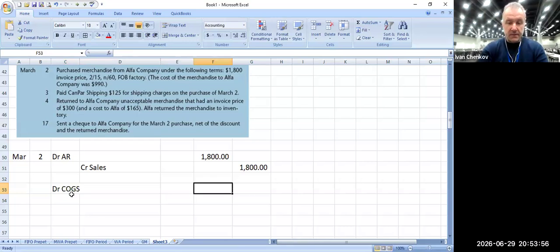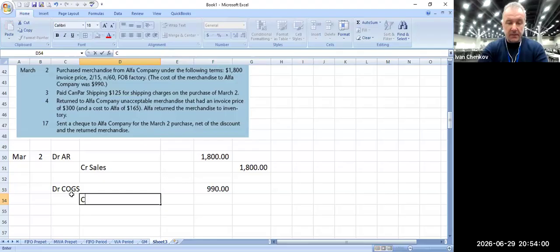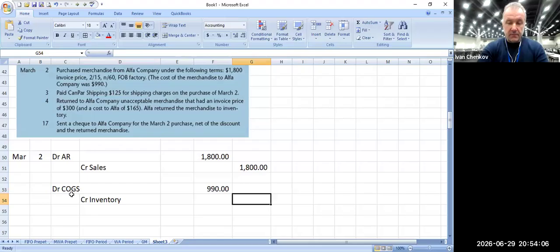And we know the cost us $990. And we're going to reduce our inventory with $990. And we're done. The shipping is related to the company that purchased the inventory, so we're not doing it.